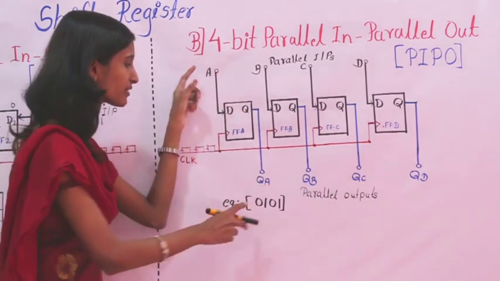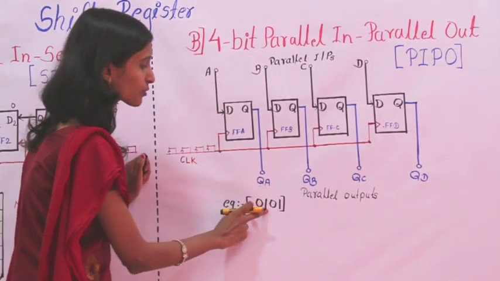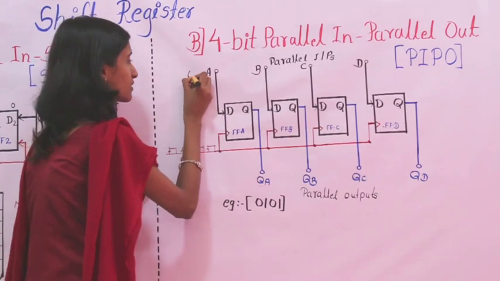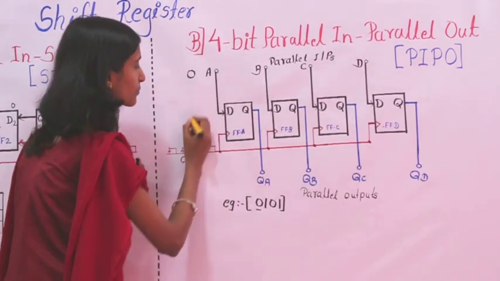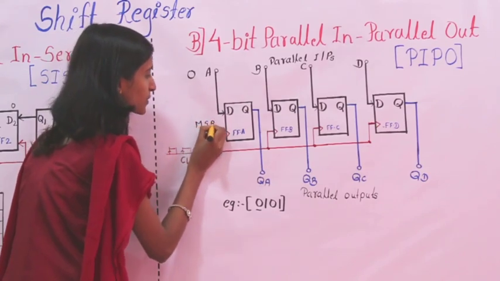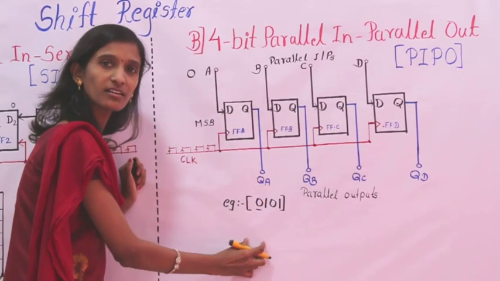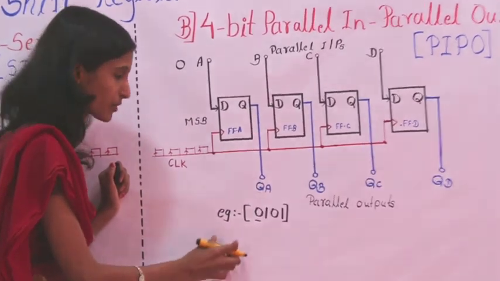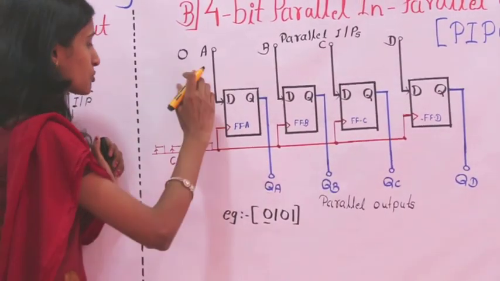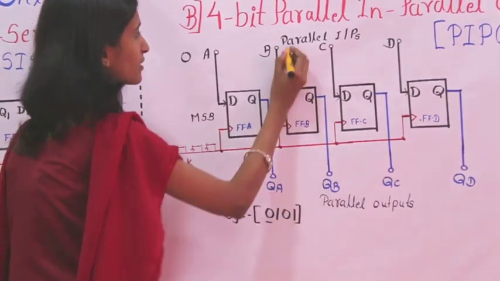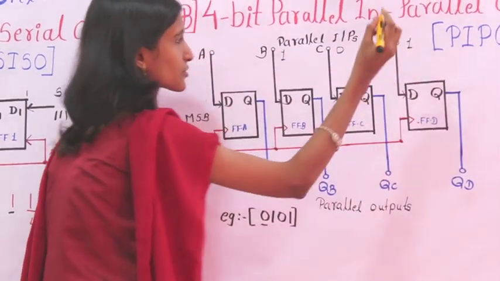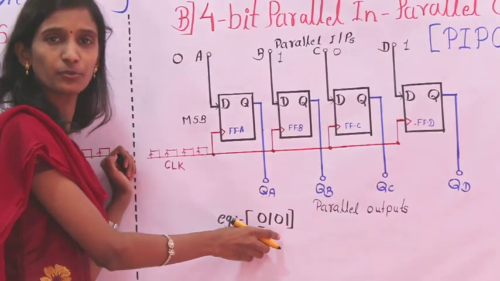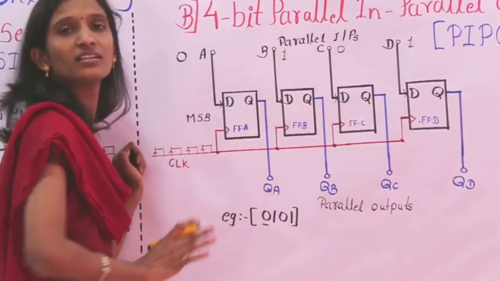If I am considering 0101, I should give the first bit as MSB. This first flip-flop we can call the MSB, because the first digit is the MSB. So this is 0, then 1, then 0 and 1. I have written the bits I have to transfer at the input sides.